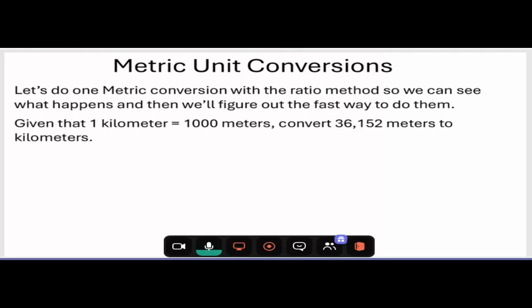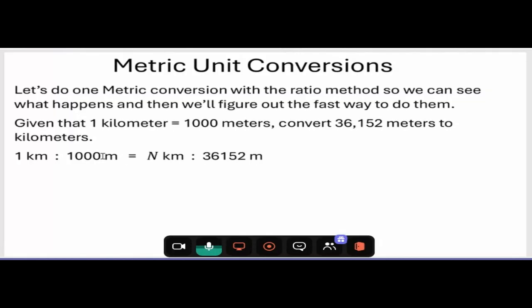So we have been told that 1 kilometer is equal to 1,000 meters, and we've been asked to convert 36,152 meters into kilometers. So let's set up our ratio method. On the left side, you remember we put our conversion factor, 1 kilometer to 1,000 meters. And then over here on the right side of the equation, we put the thing we're converting.